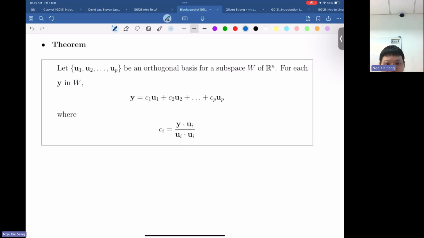And this is your scalar. Let's see if I have this proof or not.